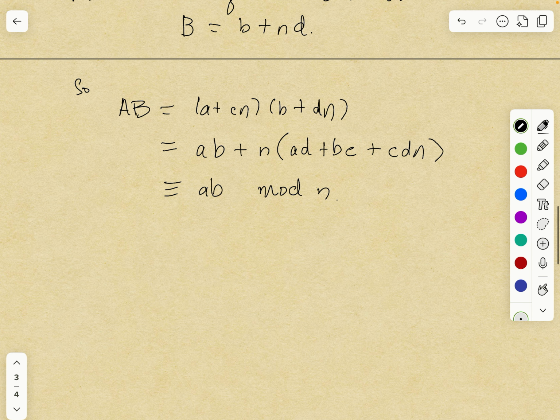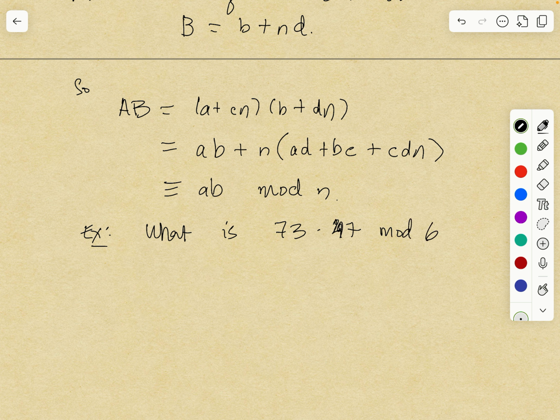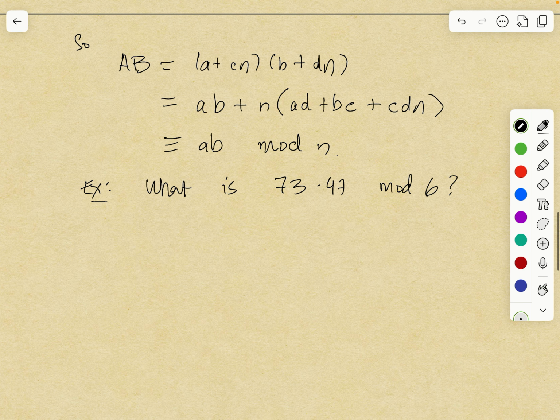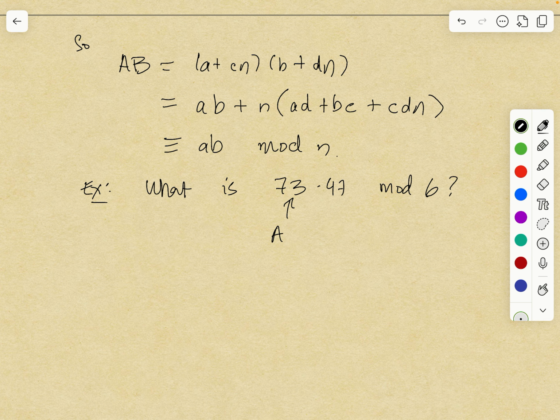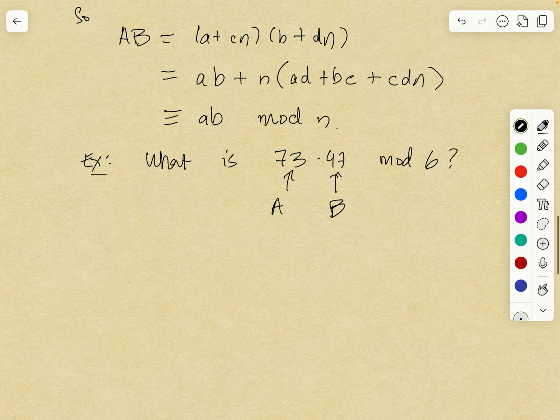So for example, what is 73 times 47 mod 6? Without using any theorems, you would have to multiply 73 times 47 and then reduce that mod 6. A much faster way is to use 73 as capital A, use 47 as capital B, and then reduce mod 6.